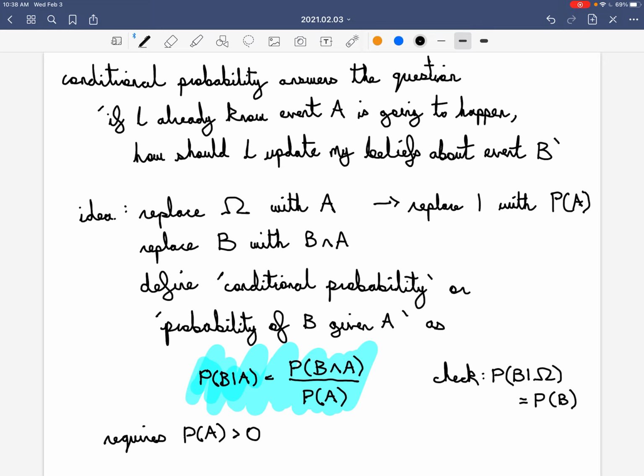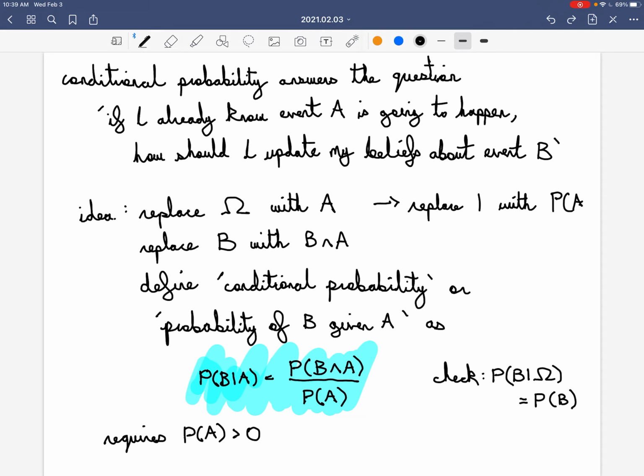Instead, it's a different concept where we're calculating a new notion of probability that satisfies all of the axioms of probability, just like we would if we didn't have the bar with A. And so what we can check is that this satisfies literally all of the axioms of probability.